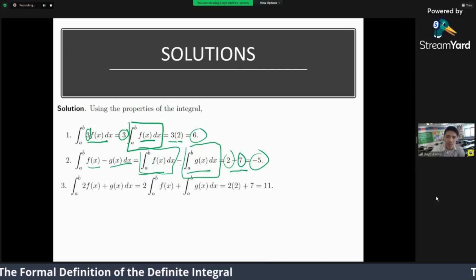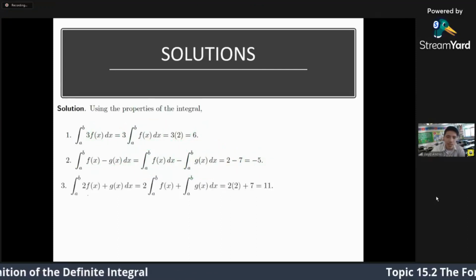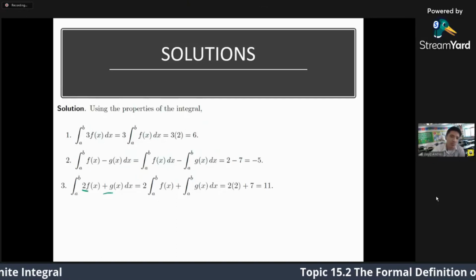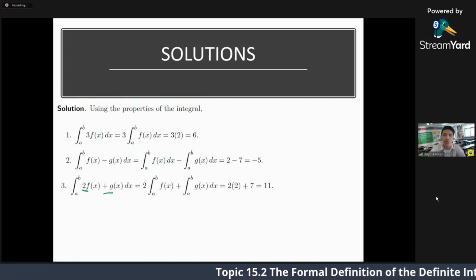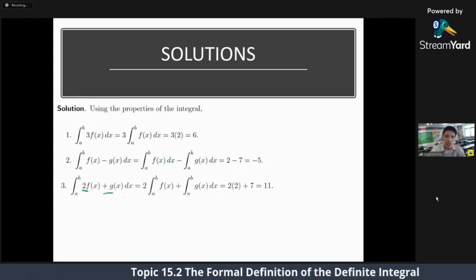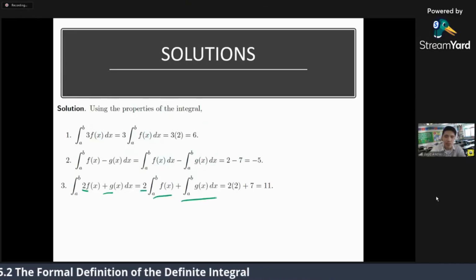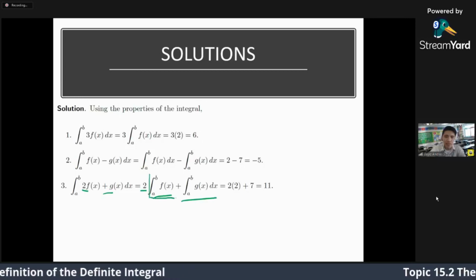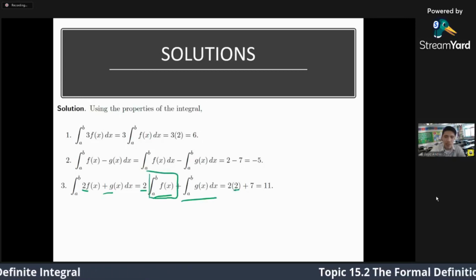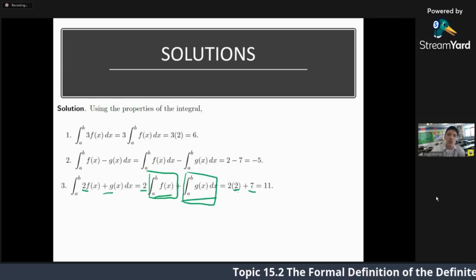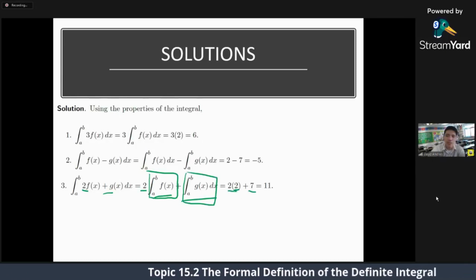Next, kani combination na natay constant, addition pa gyud. So basically i-follow lang ang ruling. So kung naay constant multiple, ipalabas. Tapos kung addition, pwede nimo isa-isahon. Then again, given man ni na 2 and kani pod given na 7. So solve na lang. So times 2 is 4 plus 7, that's 11.